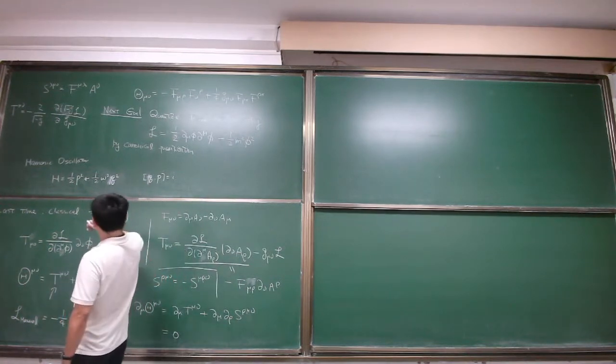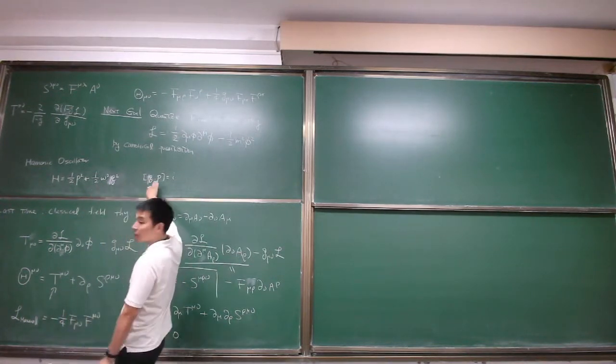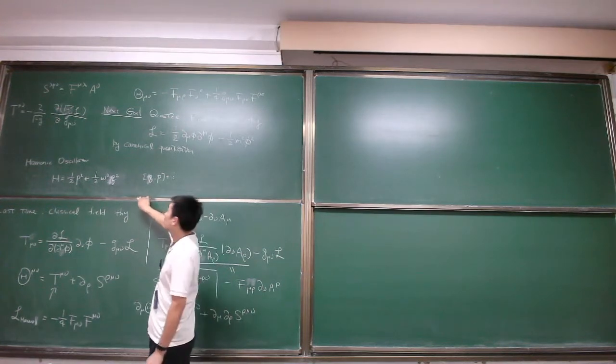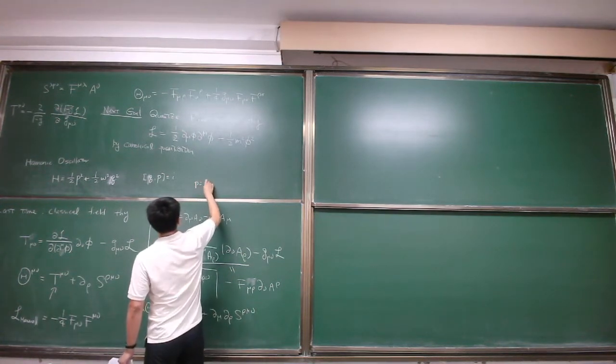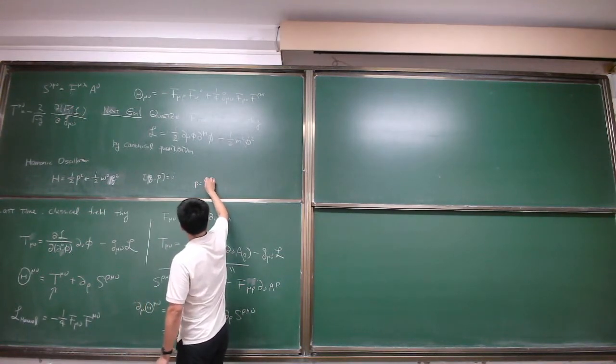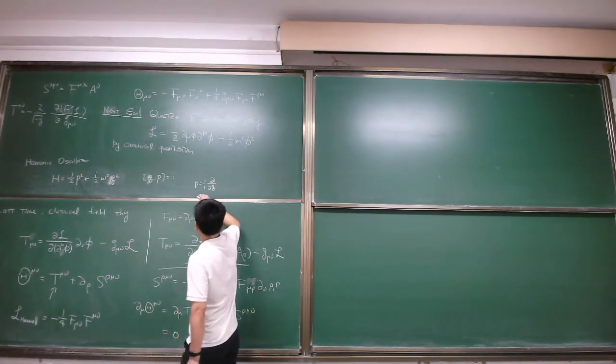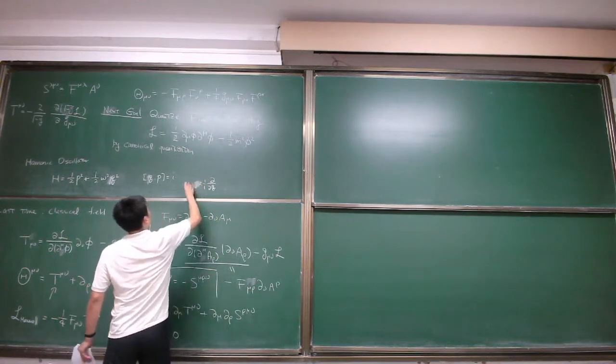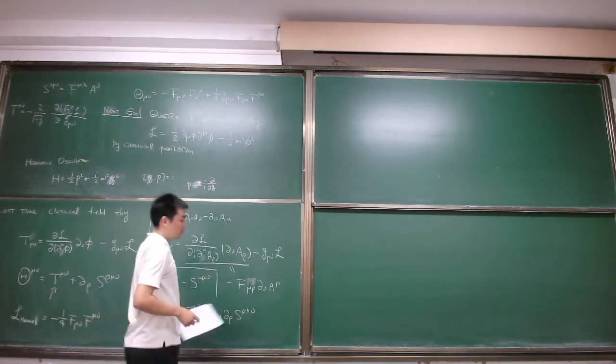To quantize this Hamiltonian, we introduce this condition. Therefore, P is essentially equal to minus i d/dQ, maybe plus or minus, something like this.